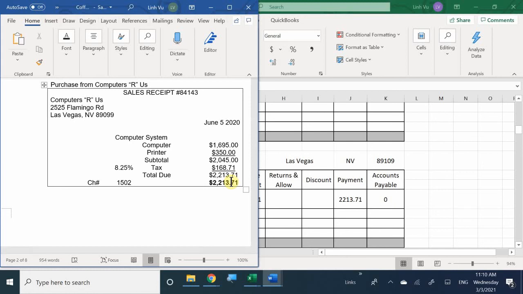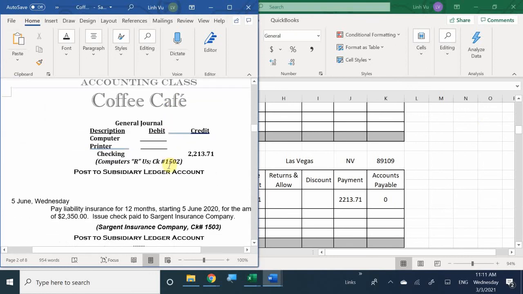If you need to train somebody to use a computer, that's also going to be contributed to the cost of the asset. But in this case, it's a computer. All right. So good job there.